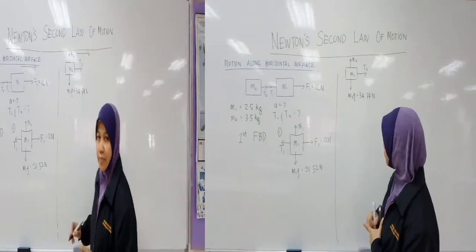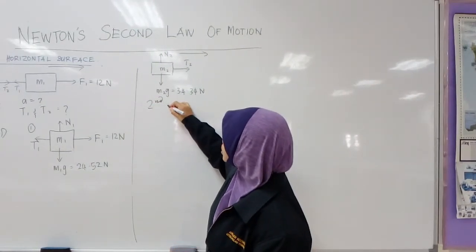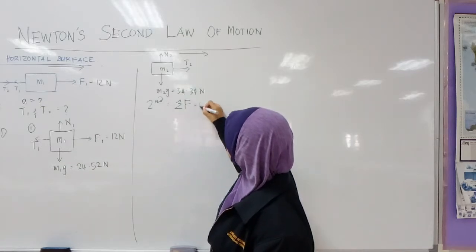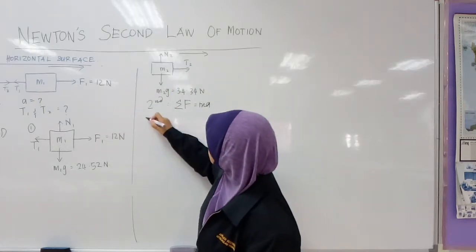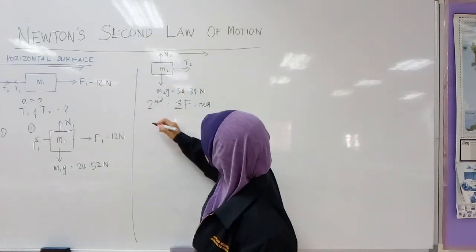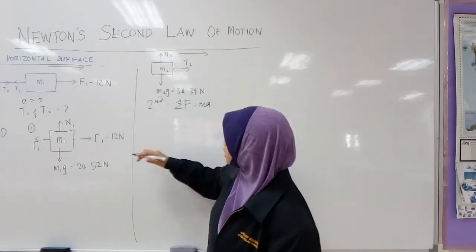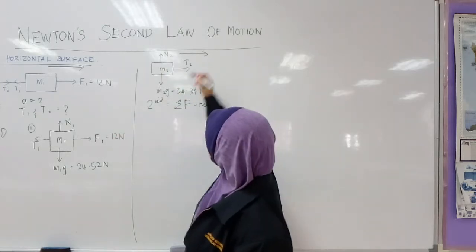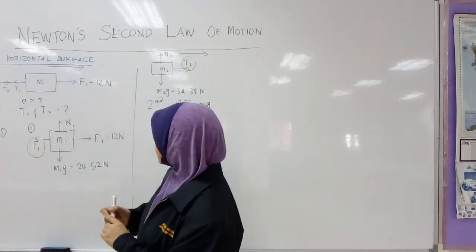Okay, for the second step, we will apply Newton's second law of motion, net force is equal to Ma, for both objects. Before we apply it, look at the value of T here.